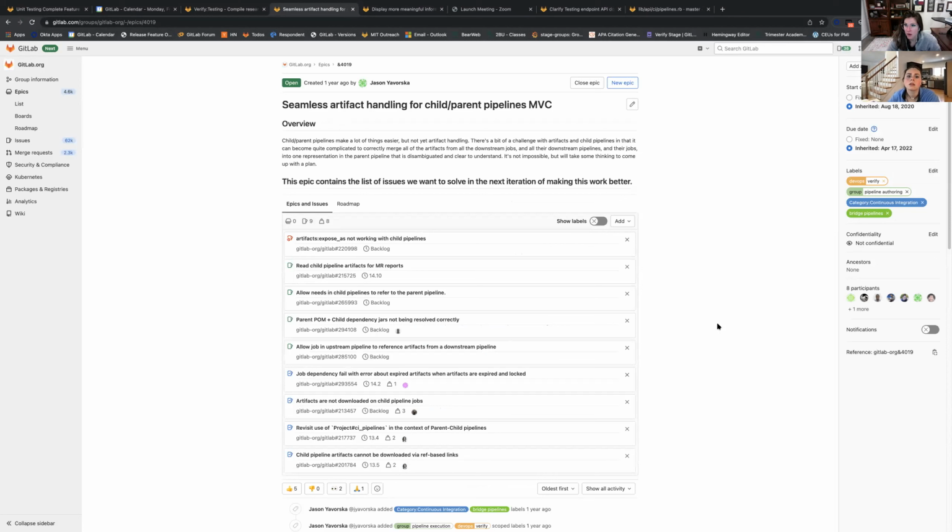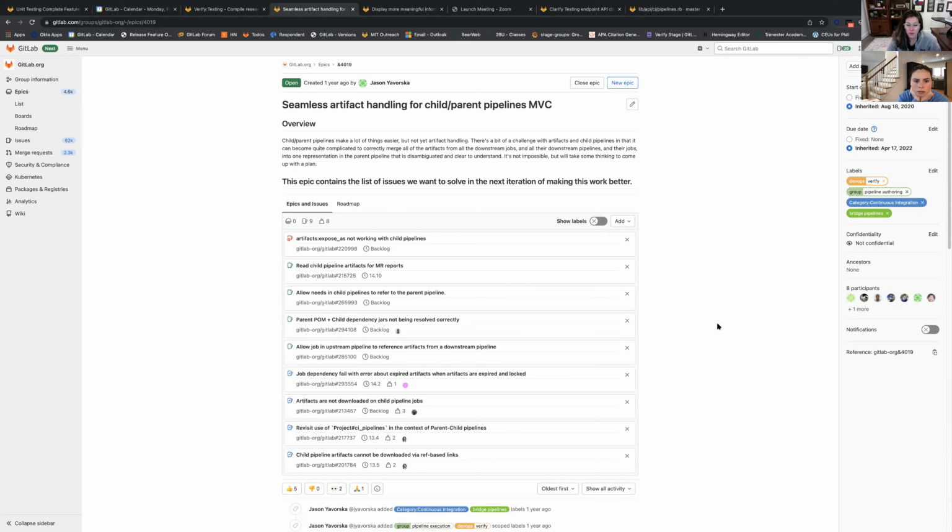The reason it's a problem is because sometimes you can't see when something has been triggered downstream, especially in a dynamically generated child. And as a result, there's no visual representation of that information. So going back to your point, how do we help people visualize these dependencies? That's what this epic is about.